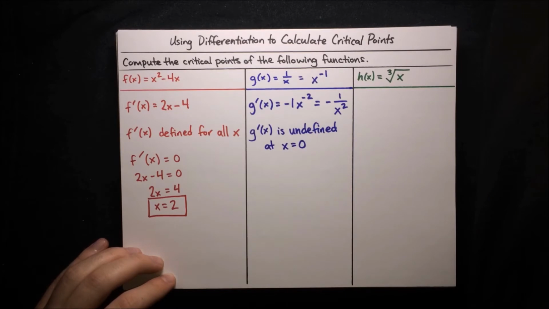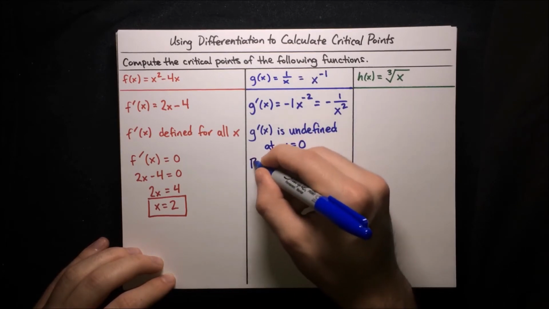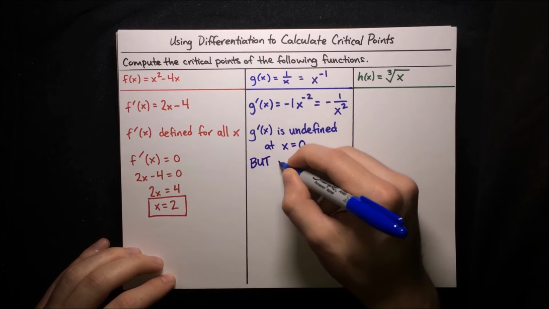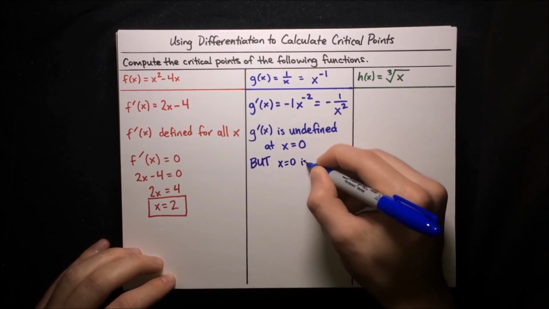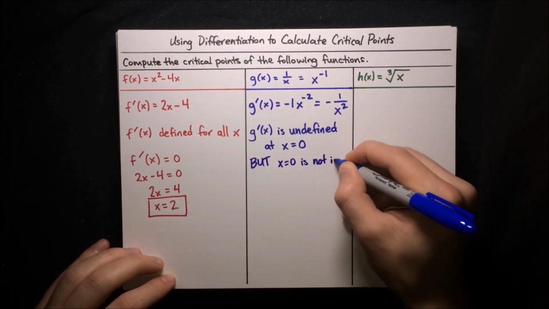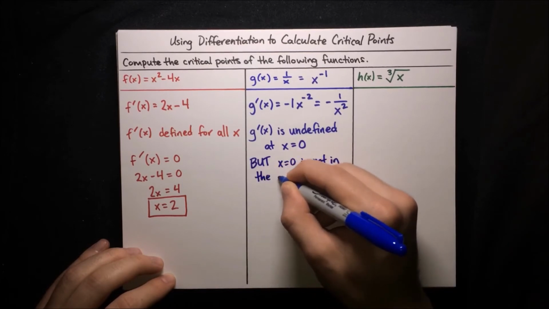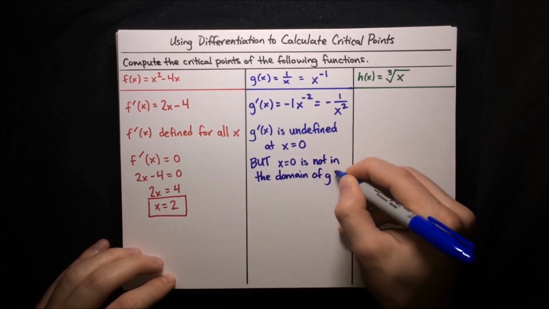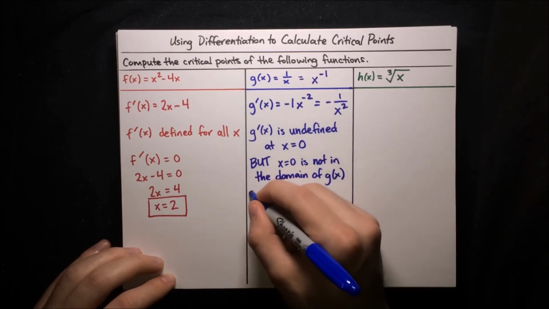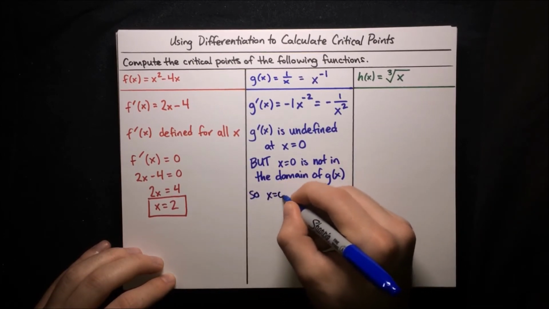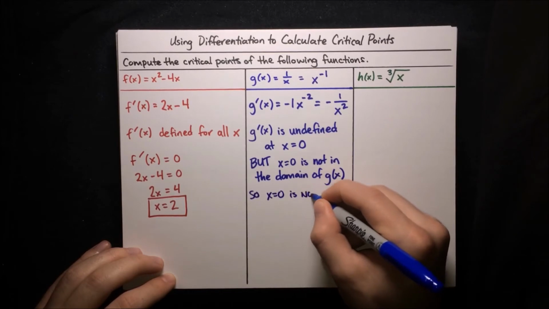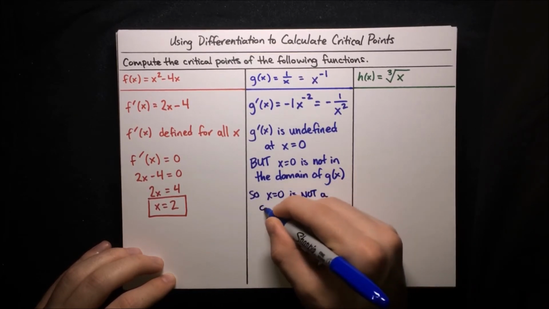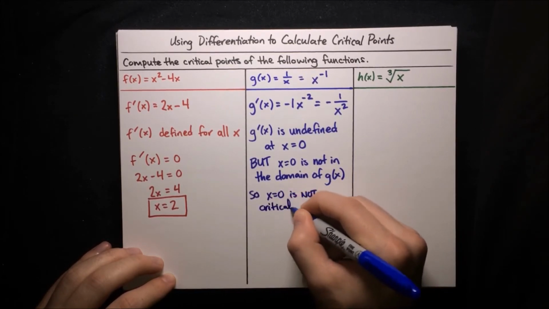So the derivative is undefined at x equals 0, but x equals 0 is not in the domain of g of x. And that means x equals 0 is not a critical point.